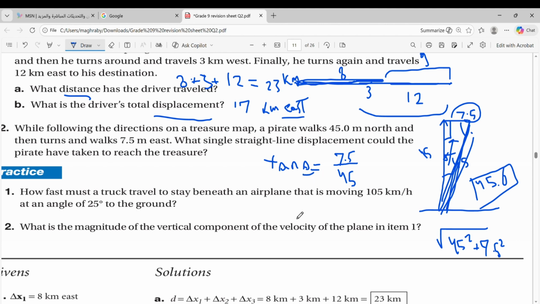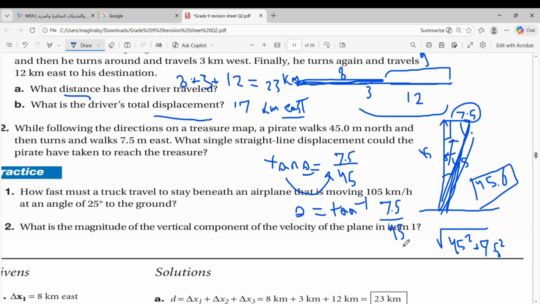So theta is equal to, I'll move the tan to the other side, and this time it is called tan minus 1, or tan inverse, of 7.5 over 45.